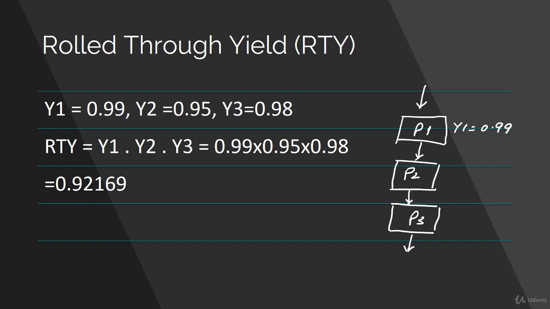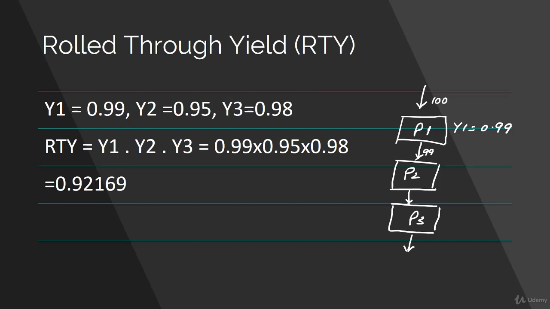That means 99% of units in process 1 get accepted and 1% get rejected. Then the output of this, so let's say if we had 100 units here, 1 unit was defective, so we now have 99 units which go through process 2.